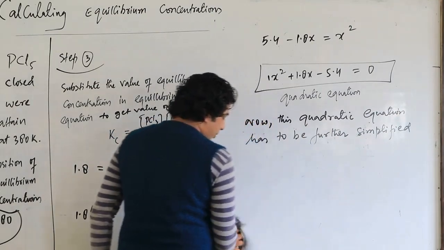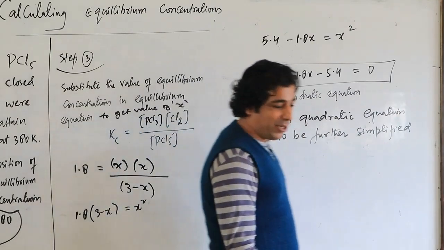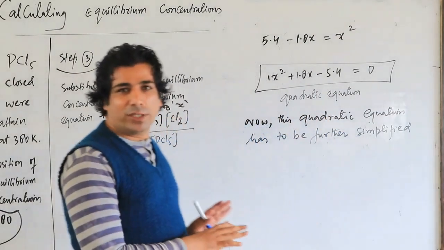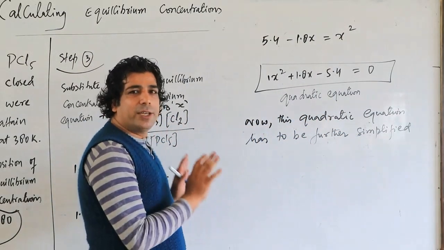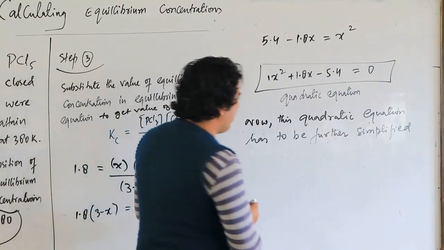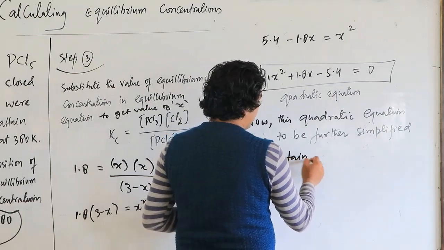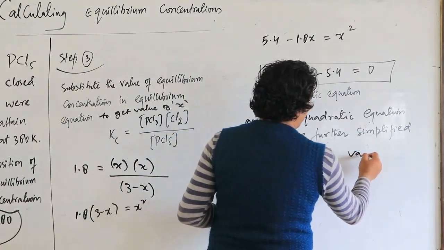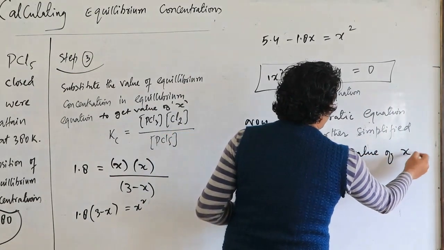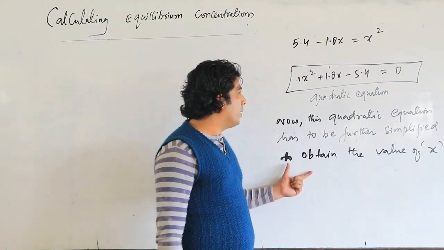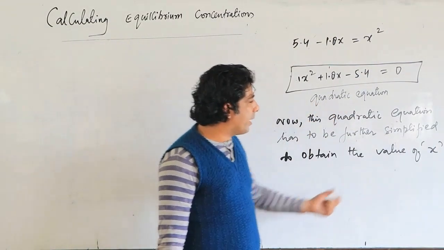You will get two values of x, plus and minus value. Then we will choose which one fits into our formula and into our problem. It has to be further simplified to obtain the value of x. So dear friends, now let us solve this particular quadratic equation and get our value of x.